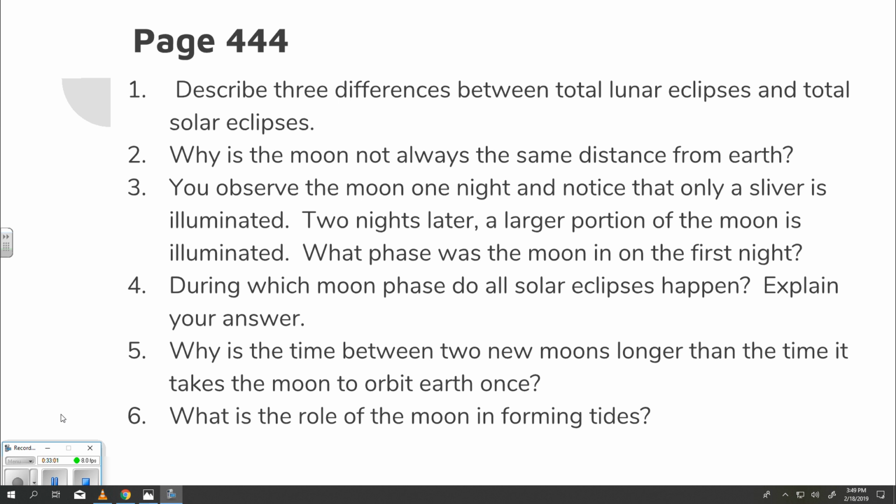Solar eclipses happen during a new moon. Lunar eclipses happen during a full moon.